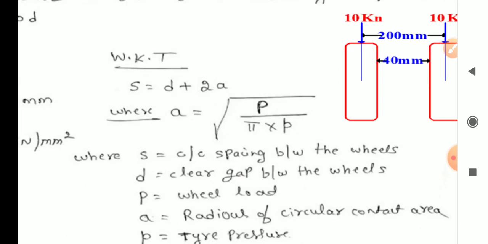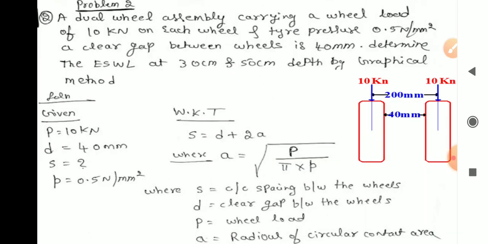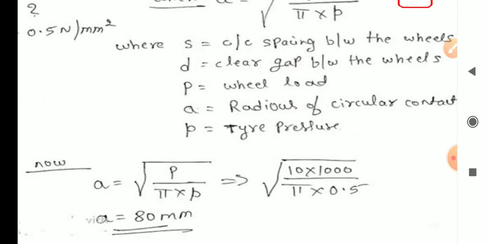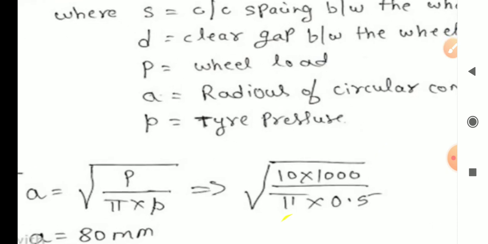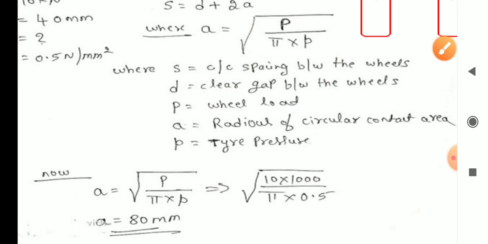So see, now in this diagram 200 mm center to center spacing is given. S is equal to 200 mm, D is equal to 40 mm, and capital P is equal to 10 kilonewton. Using this, we have to find A. So now A is equal to the square root of capital P divided by pi into small p. Here tire pressure is given in Newton per mm square, 0.5 Newton per mm square.